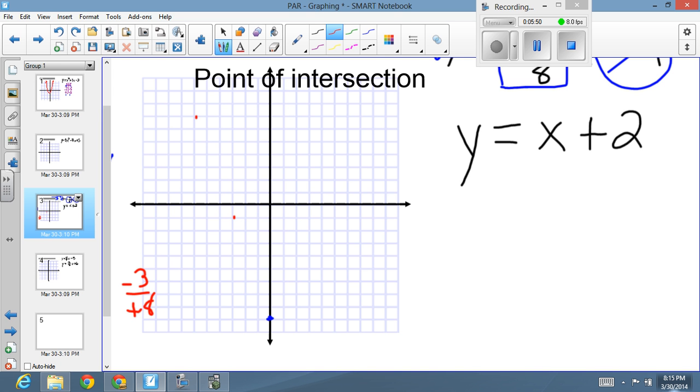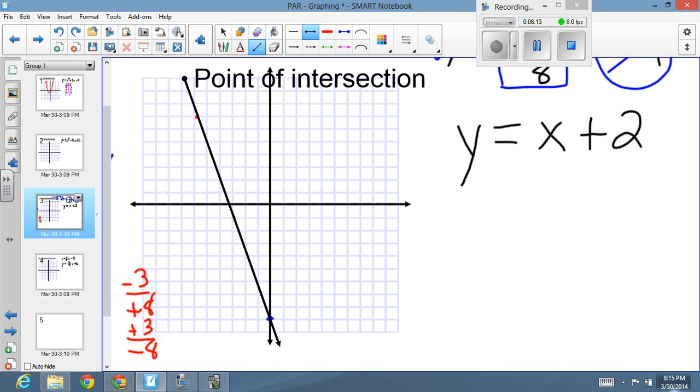Up there. Or I could go to the right 3 and down 8, but that's going to have me down here off the grid. So I think what I did there was the best choice. And I'm going to go ahead and graph this line. I have arrows going in both directions.